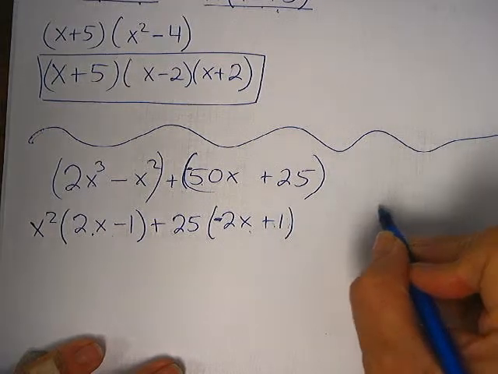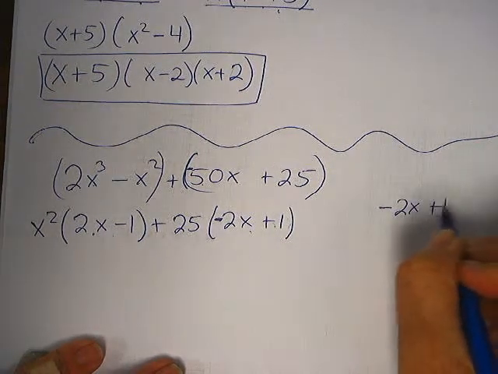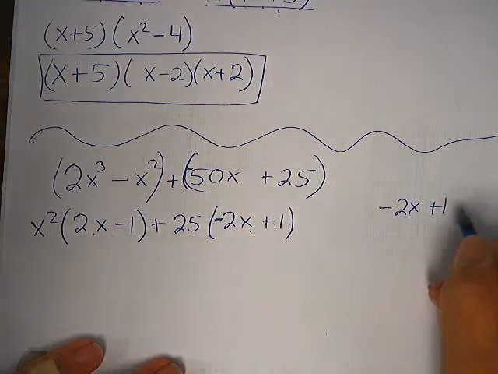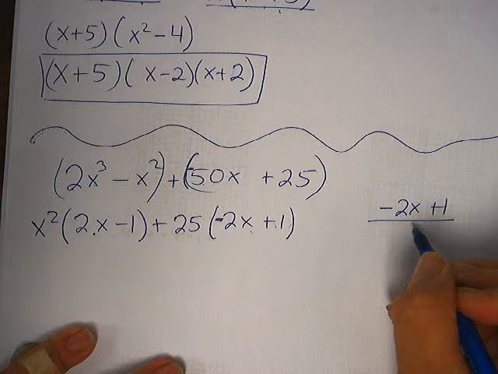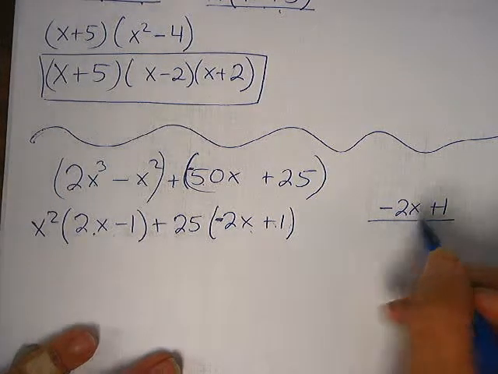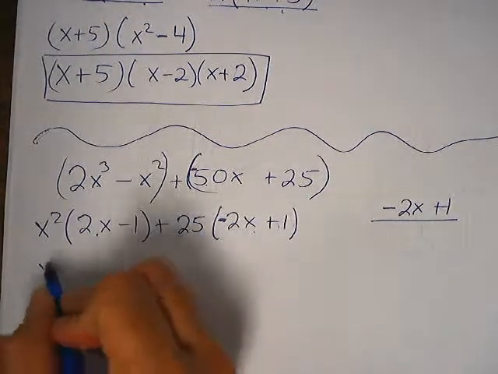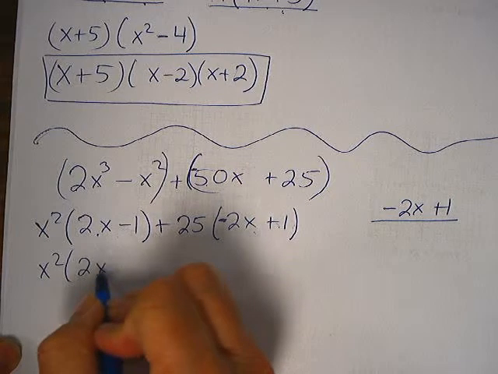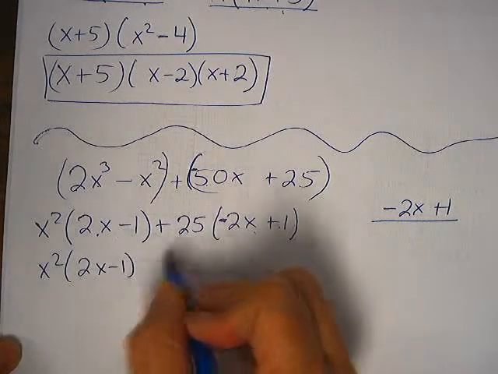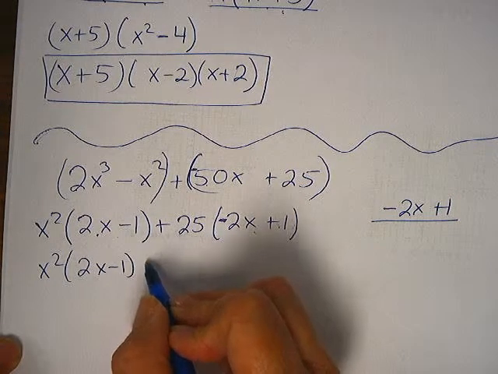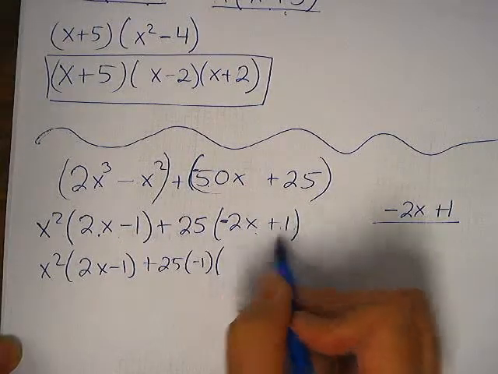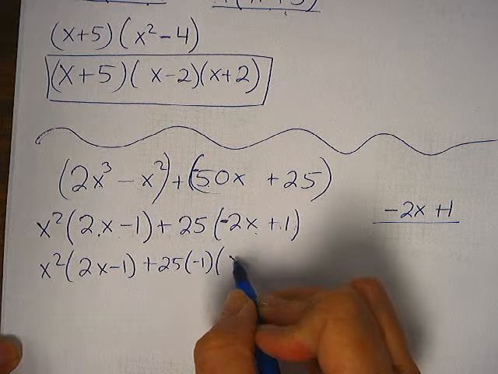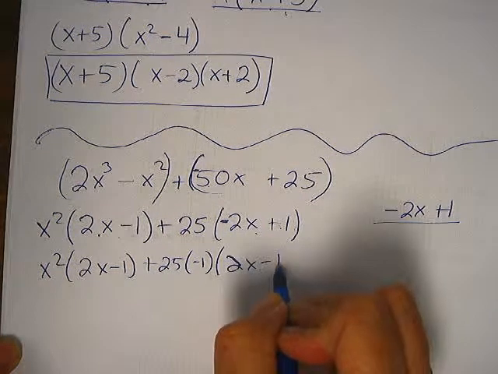So keep in mind, we want negative 2x plus 1 to become positive 2x minus 1. To do that, I'm going to have to factor out a negative 1. So if we pull out a negative 1, we're going to have x squared times 2x minus 1. I'm pulling out a negative 1, so I have plus 25 times negative 1 times 2x minus 1.